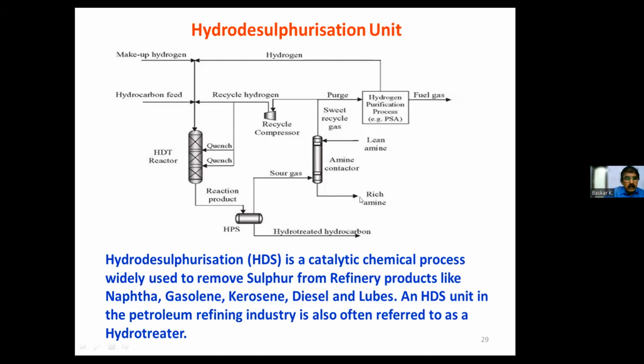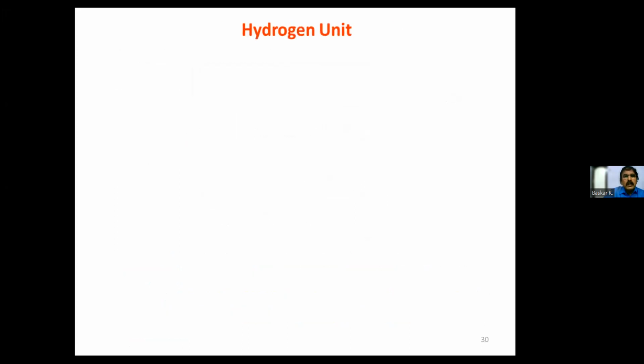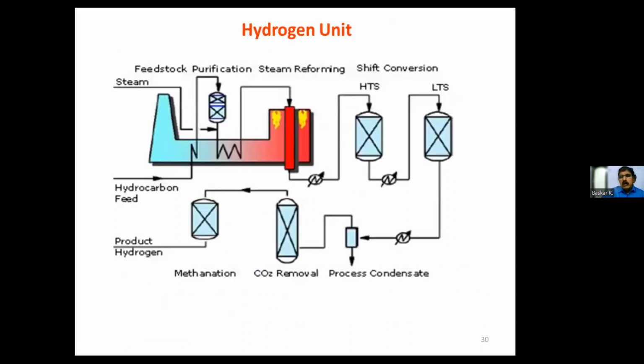It is also called hydrotreating because hydrogen is used as the treating agent. So we need a hydrogen unit for producing hydrogen, right? A lot of hydrogen is required. We have a steam reforming plant where naphtha, because I already told you that naphtha is surplus here, is used as a feed along with steam.